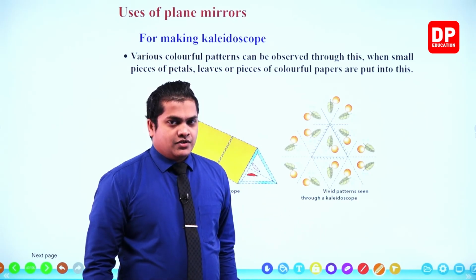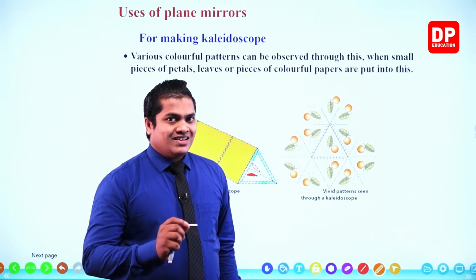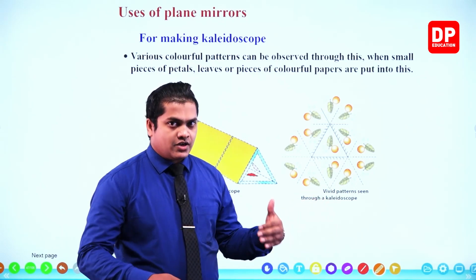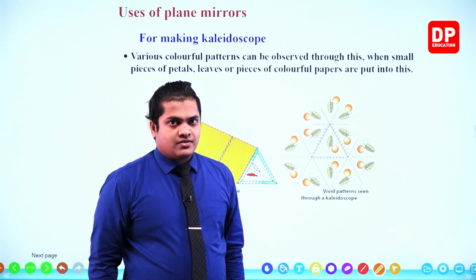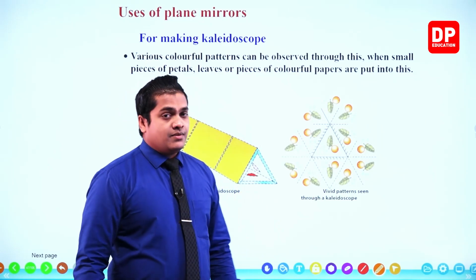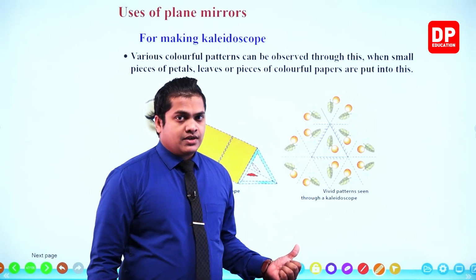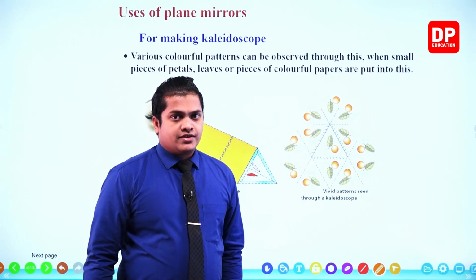So the kaleidoscope is important in designing things. After observing these patterns, we can utilize them in designing processes. Okay, right. So in making a kaleidoscope, we can use plane mirrors, my dear children.